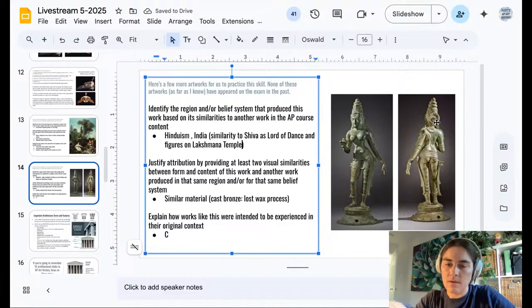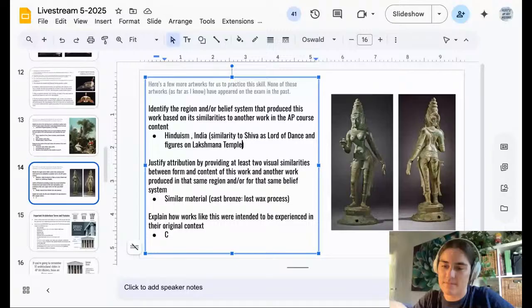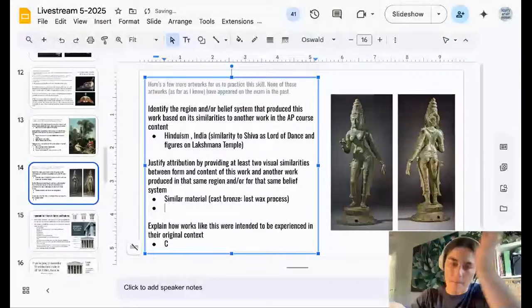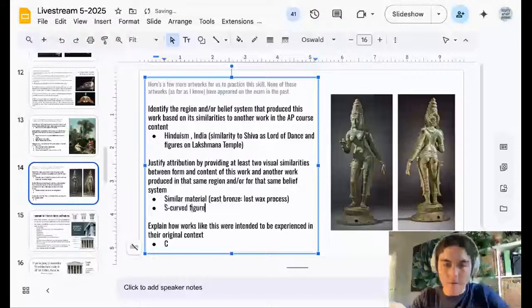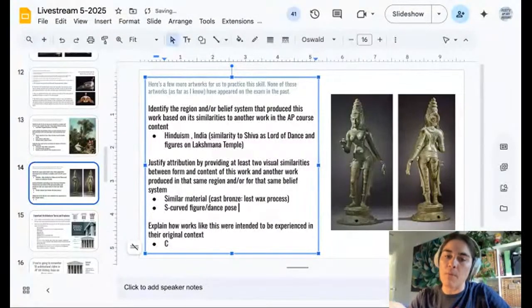So what are some similarities between this figure and Shiva as Lord of Dance or the figures on the facade of Lakshmana Temple? Yes, that three-point contrapposto, right? Curved figure or the dance pose.